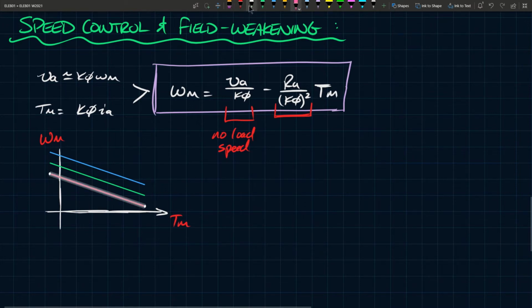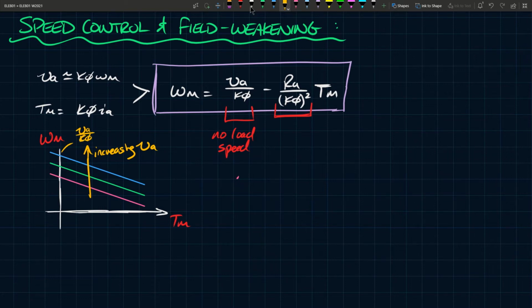This is increasing VA. As you increase the armature voltage, these curves will move up. As you decrease it, they'll move down. Of course, this is VA over K phi, because that's when the torque is equal to 0. And the slope in all of these is equal to Ra over K phi squared.